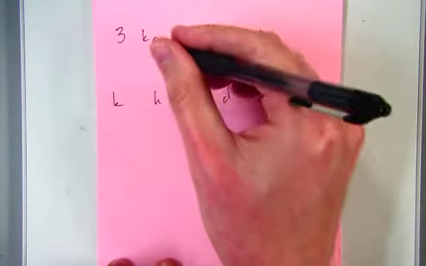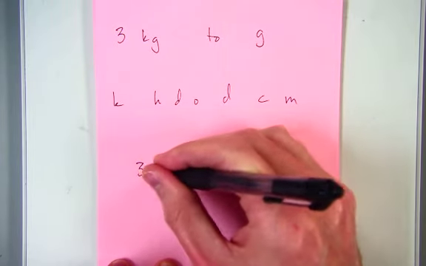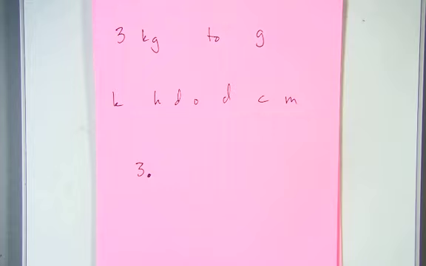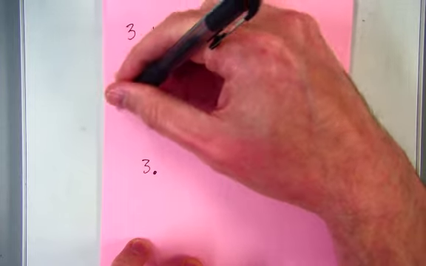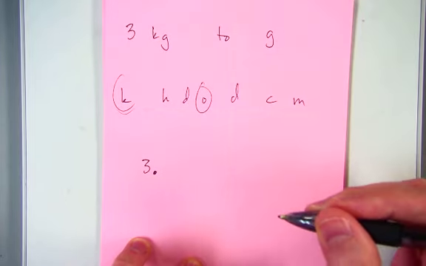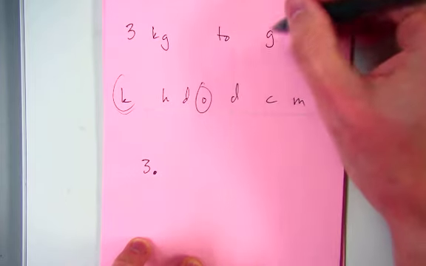Okay, and then I'm starting with 3 kilograms. So I'm going to locate my decimal. I don't have one, so it's after the last digit again. Okay, and then I'm going to slide from kilo, which is over here on the right, to the center, which is where the grams are going to be, the no prefix.